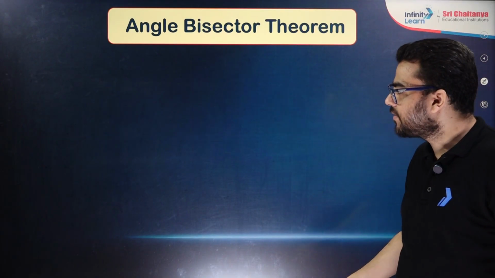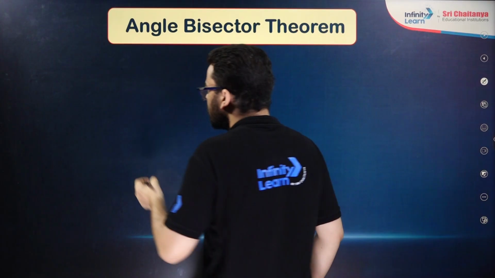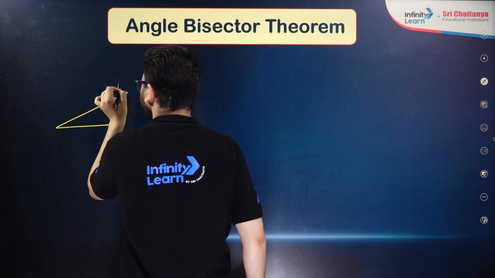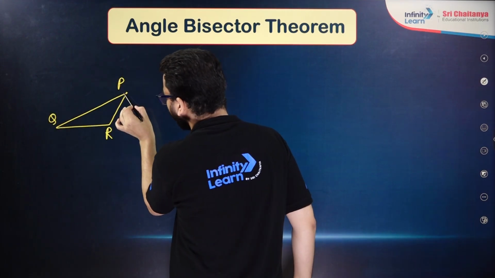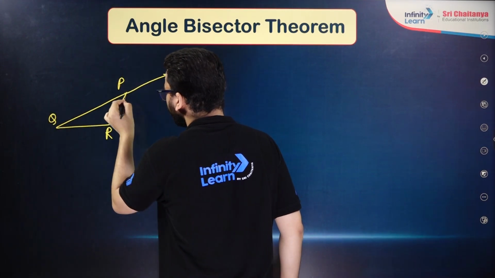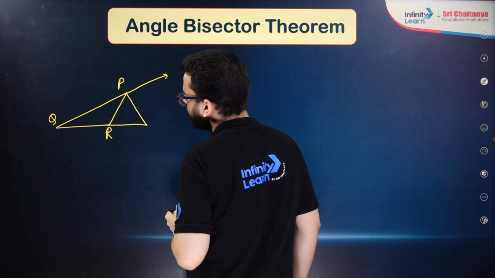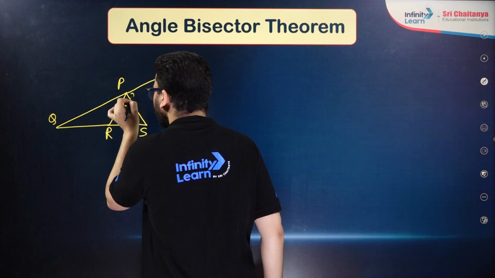Now you see over here, we can also prove the external angle bisector theorem as well. So for example, you have got a triangle like this. Suppose it is PQR. Then you extend this side and take the bisector of external angle P. Suppose PS. It means if this is x, this is also x.